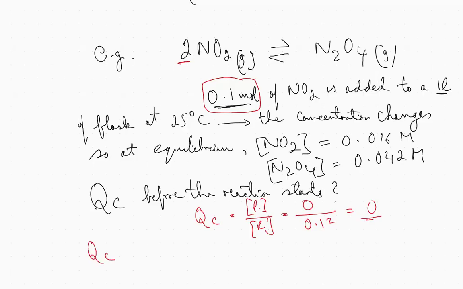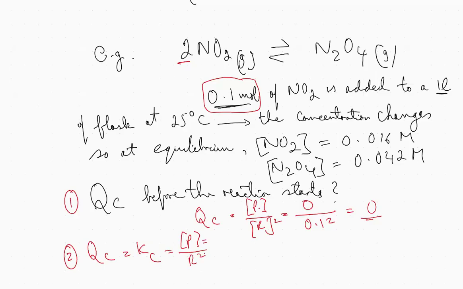But after the reaction attains equilibrium, Qc is now Kc, and it is given the same way again, product concentration over reactant concentration. Here, to make it clear, I should put the power 2, because of stoichiometry. But these concentrations are the concentrations at equilibrium, the ones that they have given.